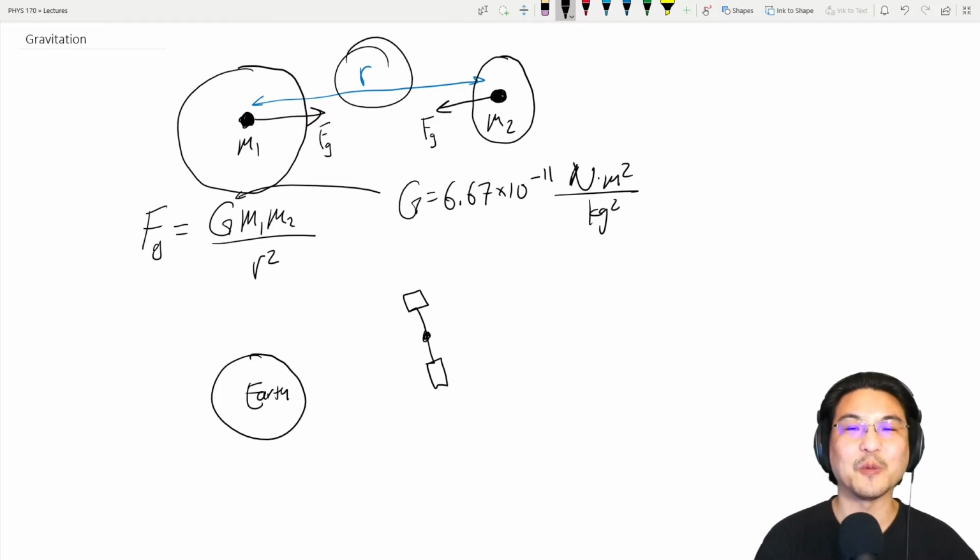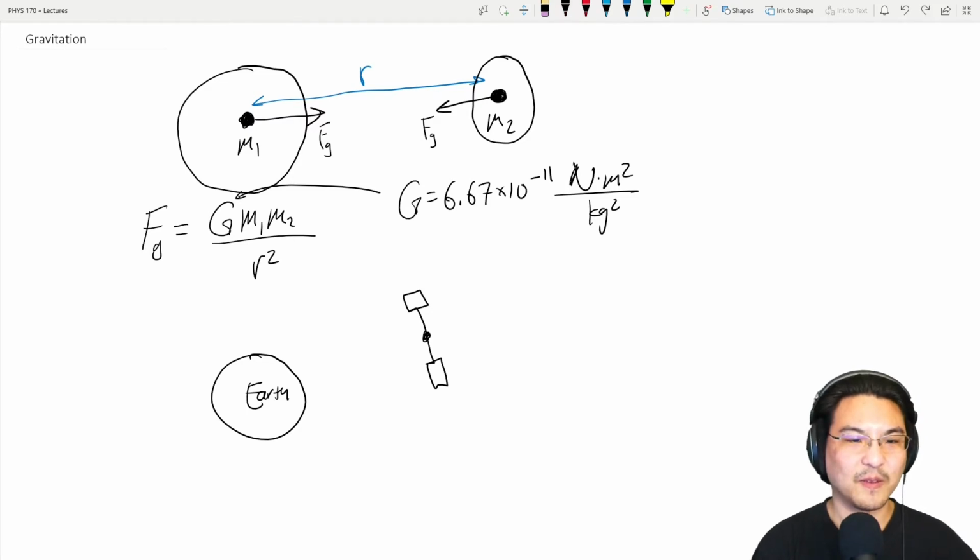Right, this can be some object, and this is the total mass located at the center of mass. So it's the distance between the two centers of mass. So the Earth has a center of mass, say here. And then the space station, it's the distance between these two. Okay. And then how much force is it?